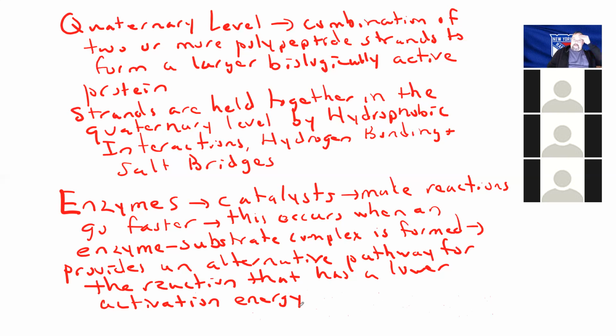And then the other thing that I think is important is that you recognize that the name of an enzyme actually gives you some important information, because it talks about the type of substrate that it will deal with, the type of reactant that it will deal with. And it could also describe the type of reaction that it is going to catalyze.